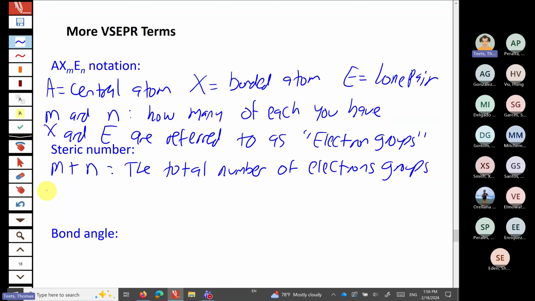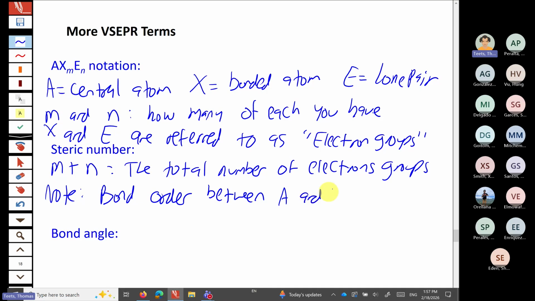Now, one thing to keep in mind as we do this is that in this VSEPR system, the bond order between A and X, where X is an atom that's bonded to the central atom A, could have different bond orders, as we talked about last time when we drew the Lewis structures. But for VSEPR, the bond order between A and X does not matter.